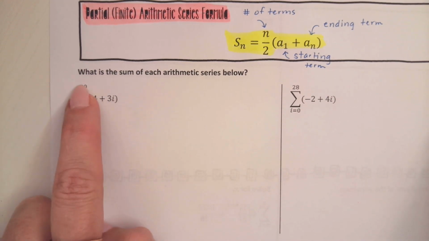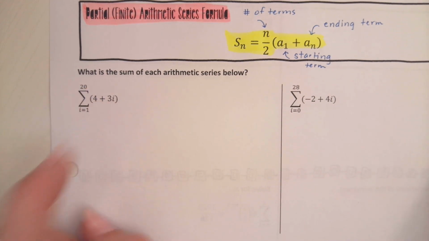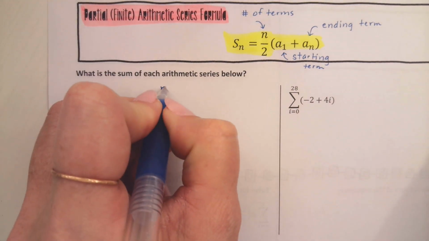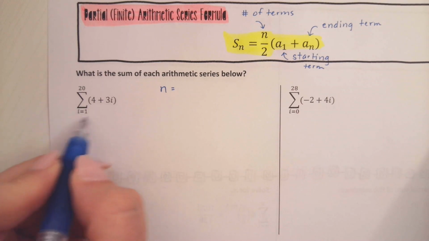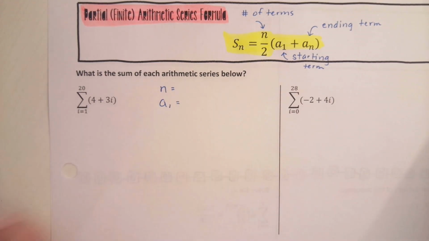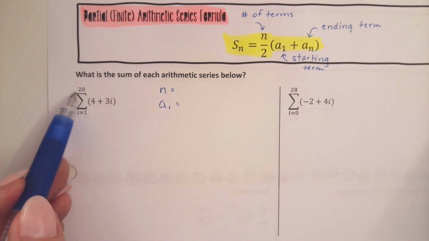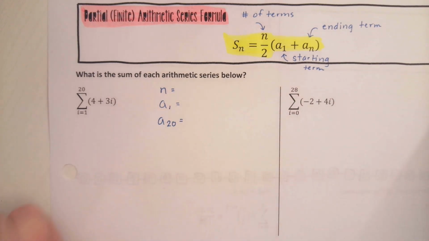So first through 20th term of the series that follows this rule, 4 plus 3i. So the things that I need to find: n, which is the number of terms. I need to find the starting term, which if we look on the bottom, would be my first term, A1. And then I need to find the ending term. If I look on the top is the ending term. So I need to find my A20 also.